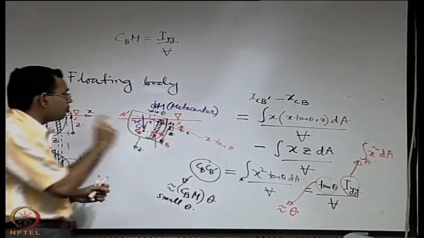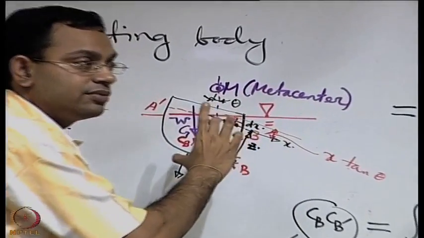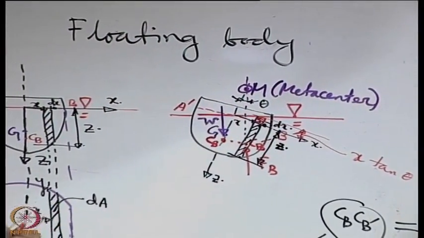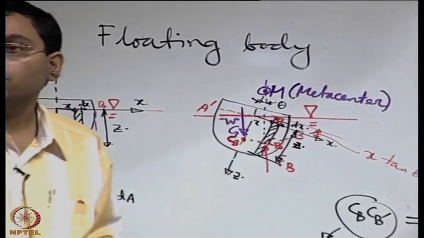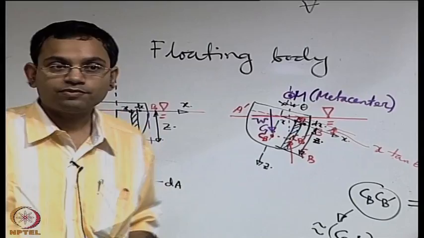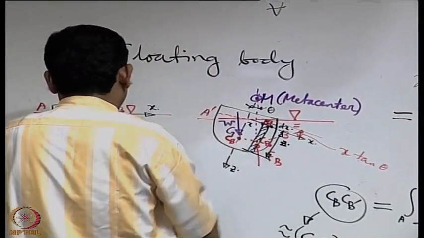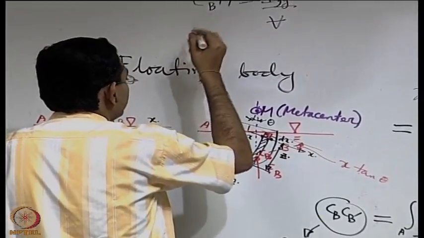So what is important here is the location of M relative to G, just like for a totally submerged body it was the location of the center of buoyancy relative to G. So what we are interested to find out is the height GM.